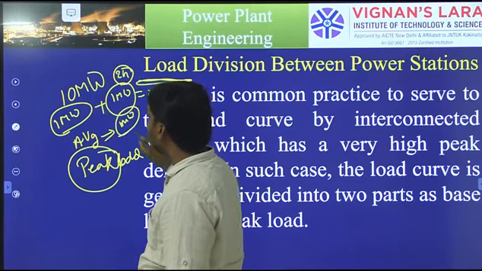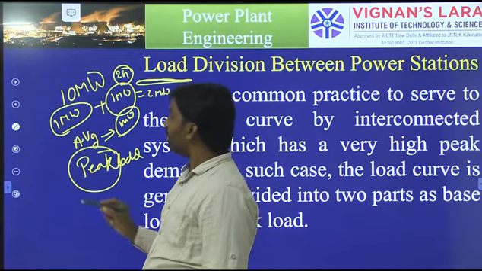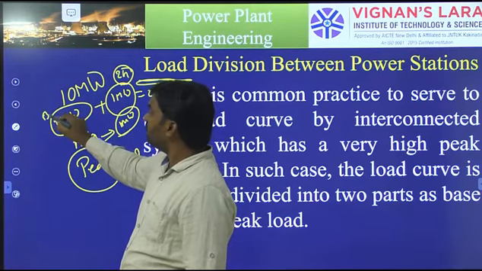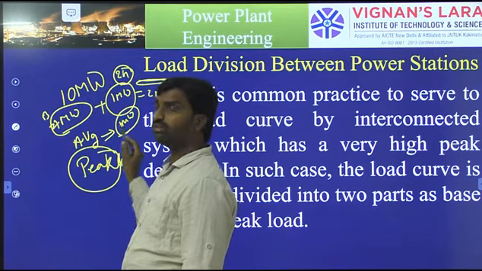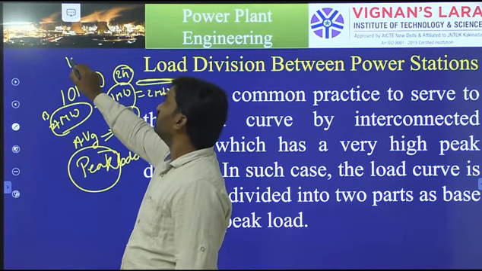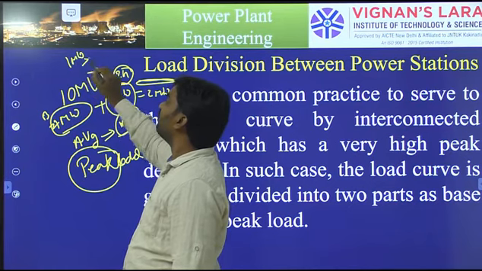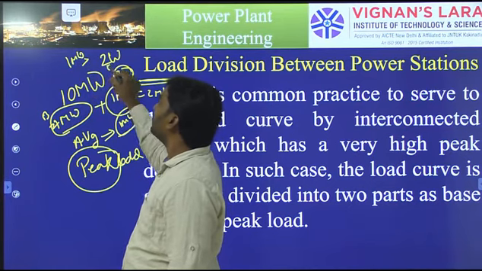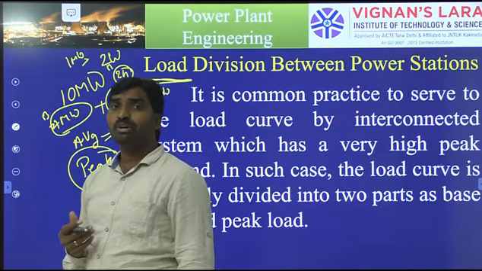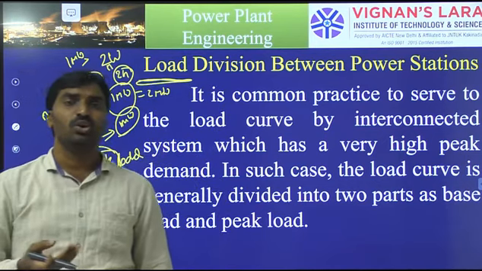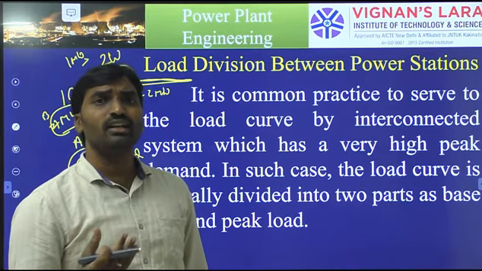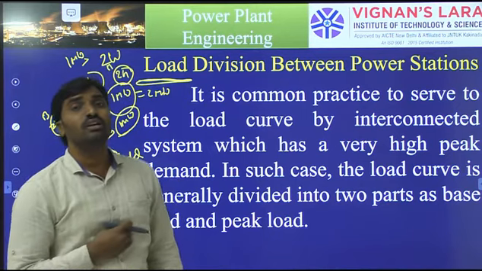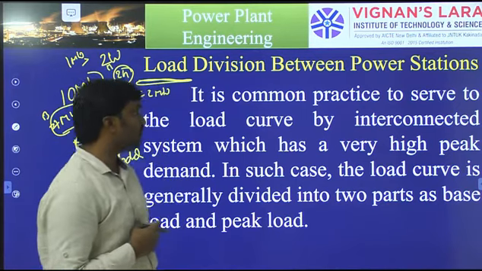So in this case, the base load is 1 megawatt and the peak load is 2 megawatts. Continuously we require 1 megawatt, and at a particular time we require 2 megawatts of power. So the minimum load required is the base load, and the maximum load at a particular time is known as the peak load condition. Okay.